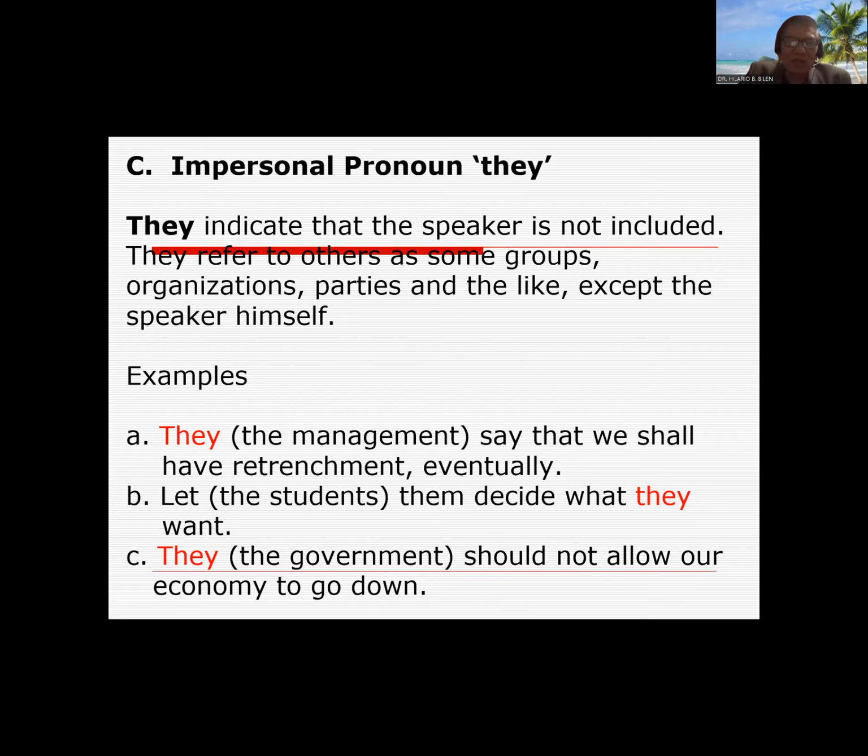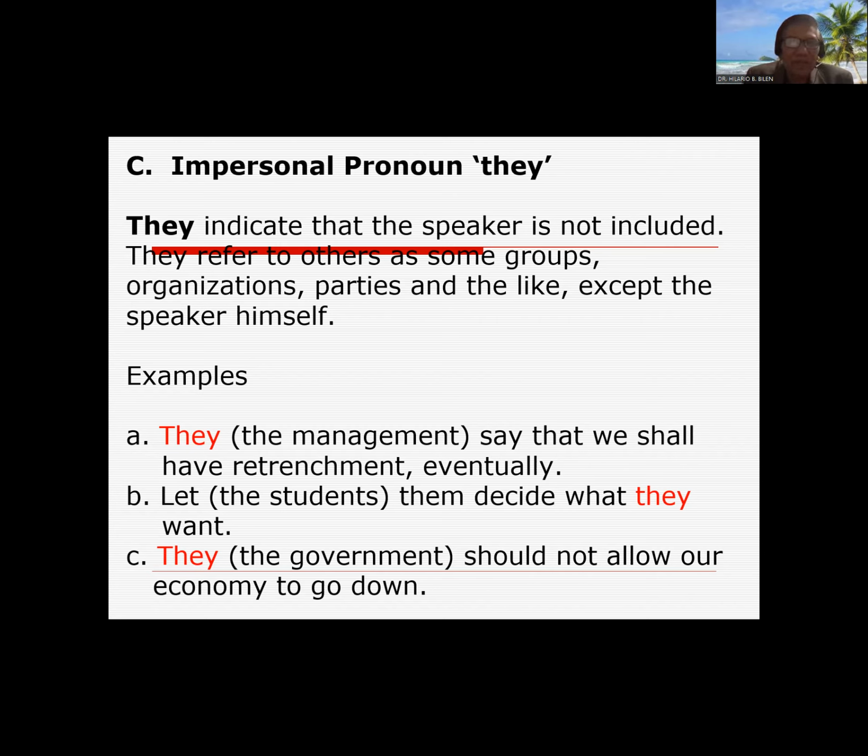So if you are using the impersonal pronoun they, if you are the speaker and the lecturer, you are not included in that group. For example, they say that we shall have retrenchment eventually.